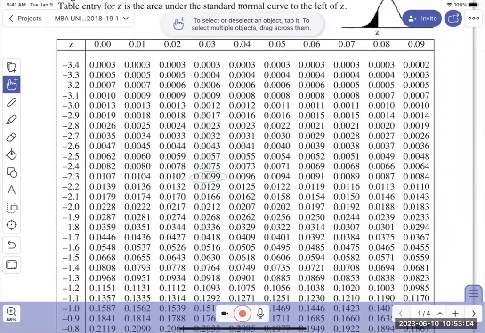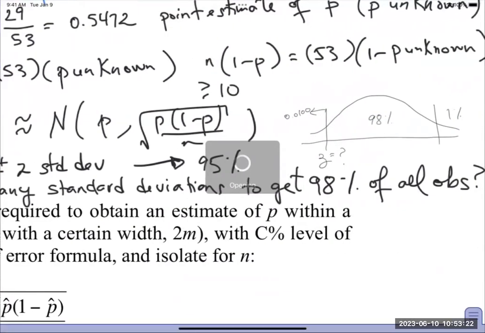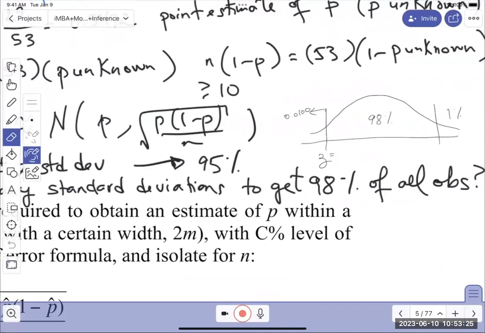So that's negative 2.33. Everybody agree to 2 decimal places? So this should be negative 2.33, and this one should be positive 2.33. So it's a little bit further away to get 98% in the middle.